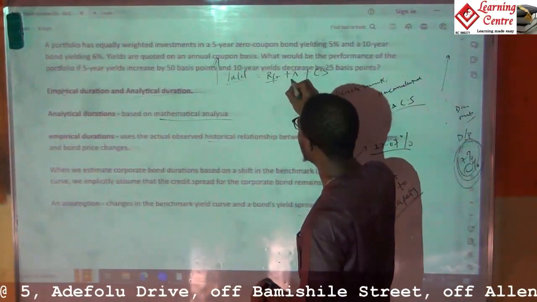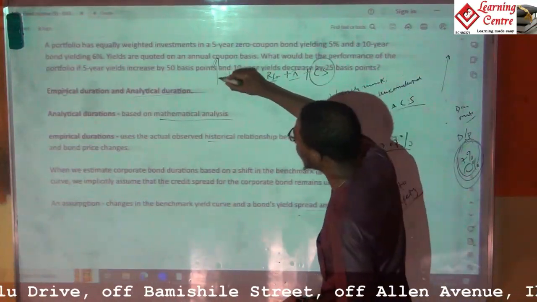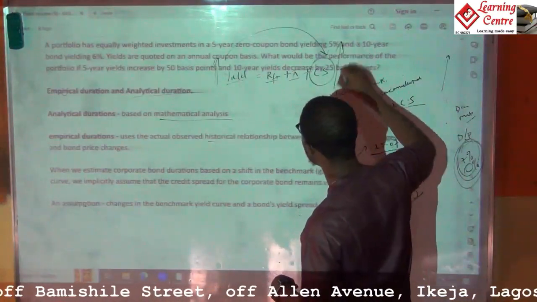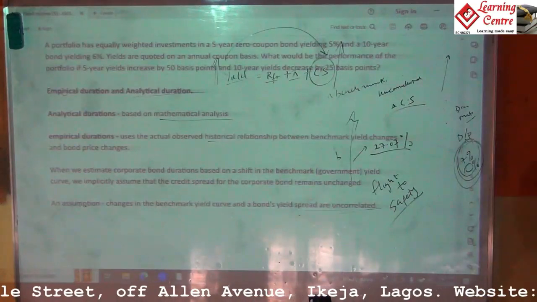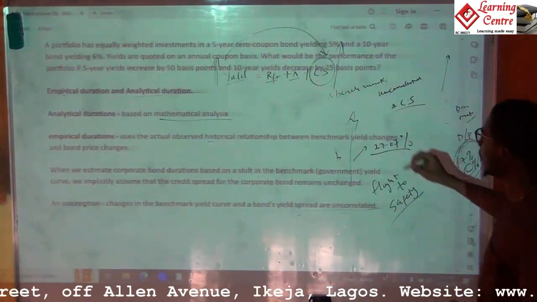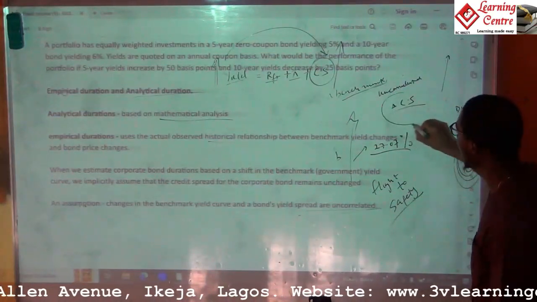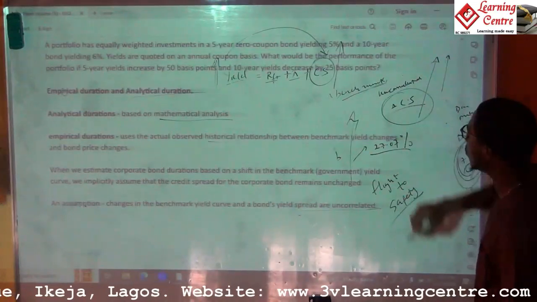If the other components stay the same, all the increase in this yield will pass through to an increase in the credit spread. That's what I'm trying to say: when the benchmark yield goes up, there is a reflection of it in the credit spread of the corporate issuers, shooting up this way.